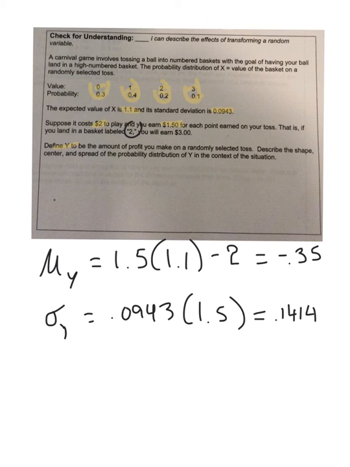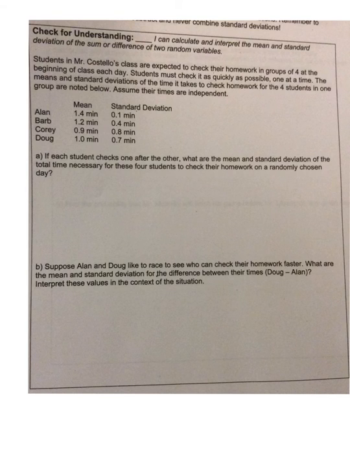The new standard deviation is going to be about 14 cents. So this game is pretty bad. You're going to lose most of the time, and you're going to vary not very much, by about 15 cents either way. So on average, you're probably going to lose a lot. Okay, so there's the first one.